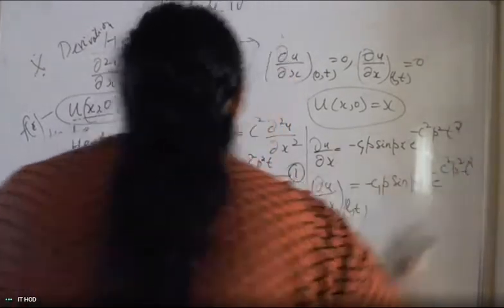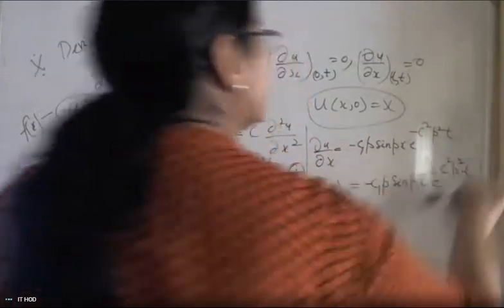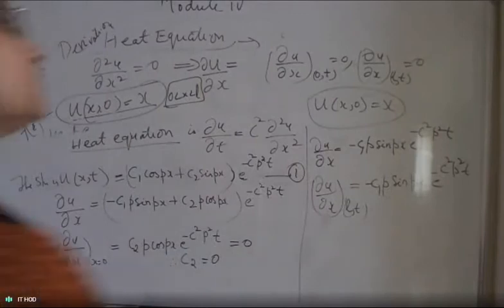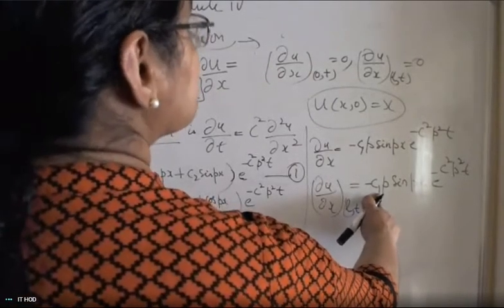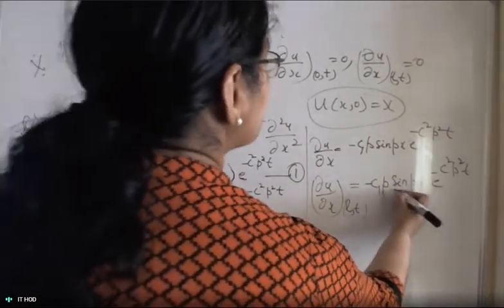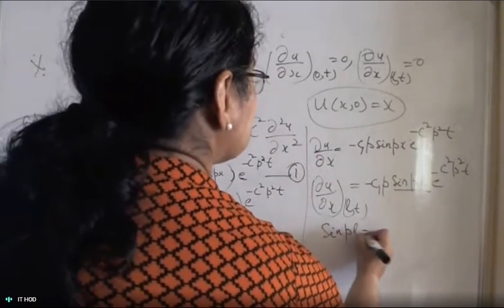Now from this, C1 cannot be 0 and P cannot be 0. The only possibility is sin PL is equal to 0.